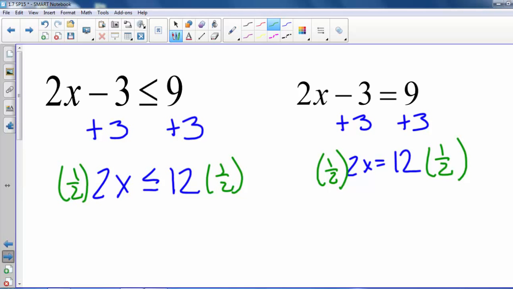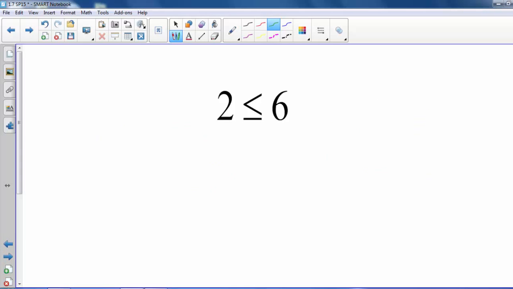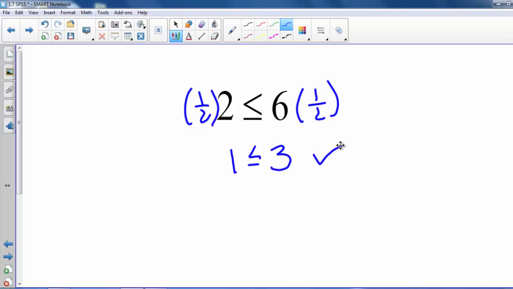If we have 2 is less than or equal to 6, what happens if we multiply each side by 1/2? We get 1 is less than or equal to 3, which is true. What happens if we multiply each side by 2? We get 4 is less than or equal to 12, so that's true.